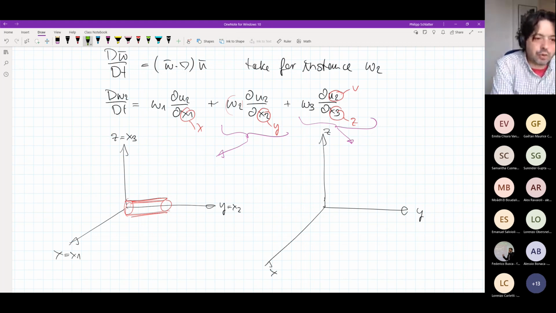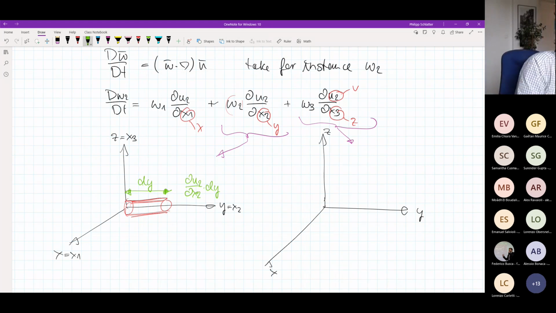Well, what is du2 dx2? If we say this length here has a length of dy, then I can say that du2 dx2 times dy, so the change of the velocity in the u2 direction, which is the v direction, which is the velocity in this direction, times this length, would lead to a change in the corresponding vorticity.